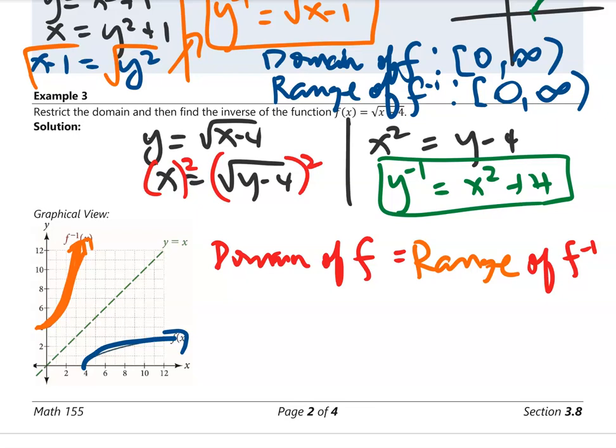So what is the domain of f? That is from, yes, from 4 to positive infinity. So that is the same thing here, from 4 to positive infinity.